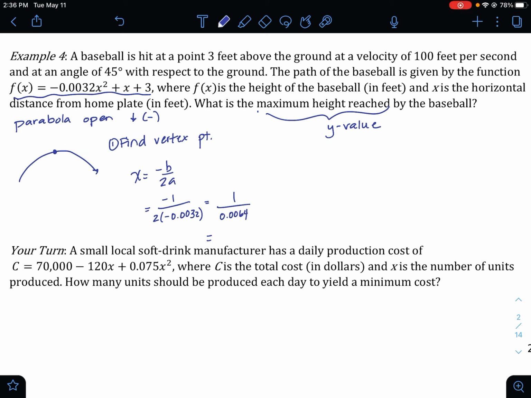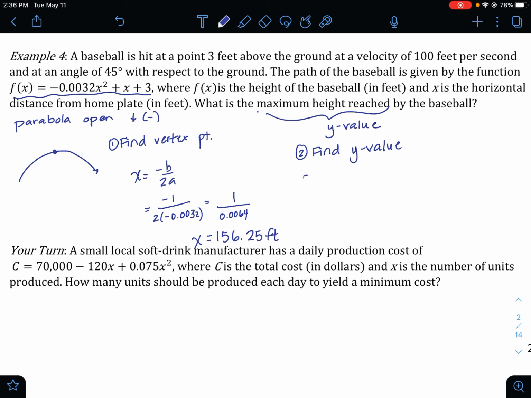And when we simplify that, because we don't like a decimal inside of a fraction, we get 156.25 feet. So that means the ball is just over 156 feet from home plate when it reaches its highest point. So now we actually have to find the highest point. So now we have to find the y value.